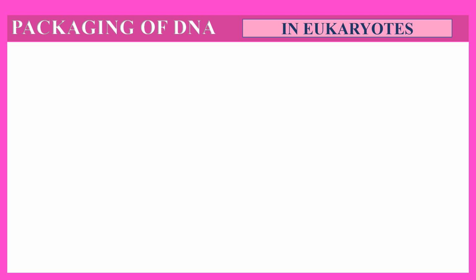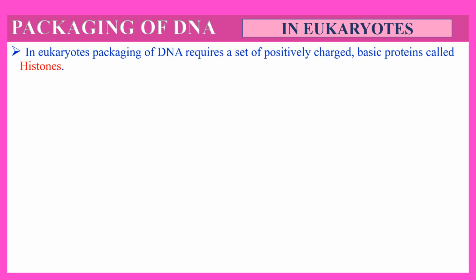Hence, DNA has to be packed within that nuclear membrane. Because of this reason, in eukaryotes, the packaging of DNA is more complex. In eukaryotes, DNA requires some special positively charged basic proteins called histones.